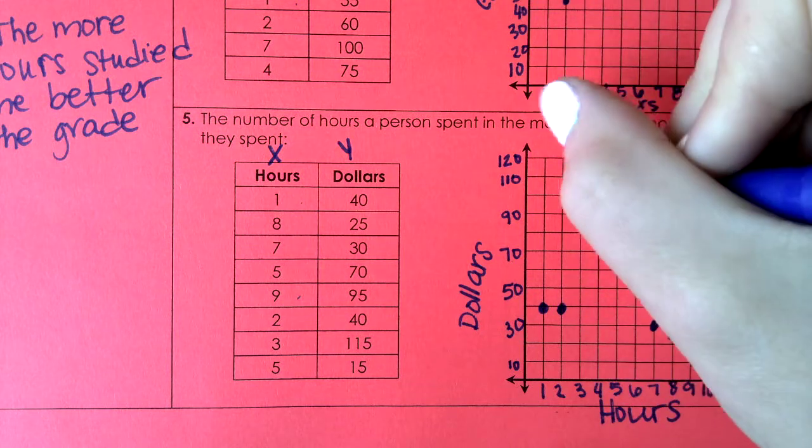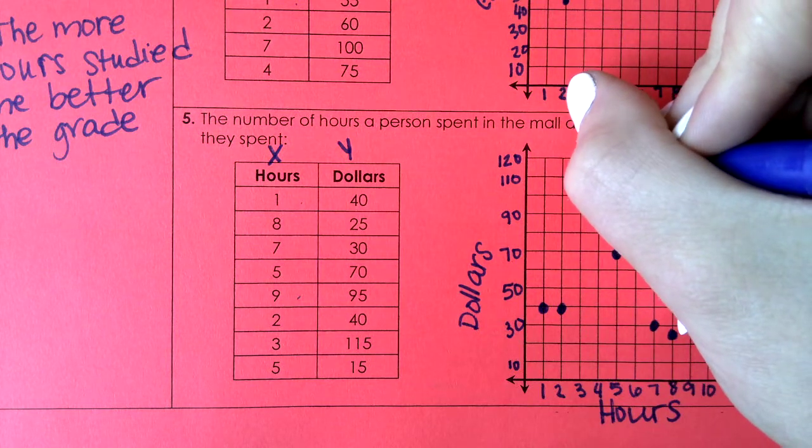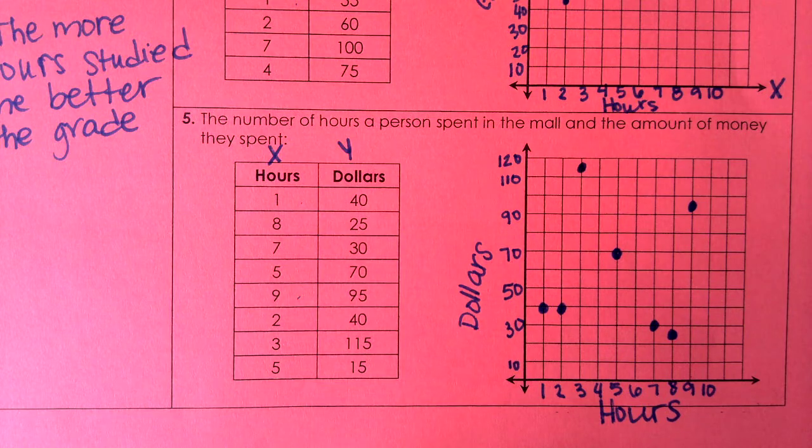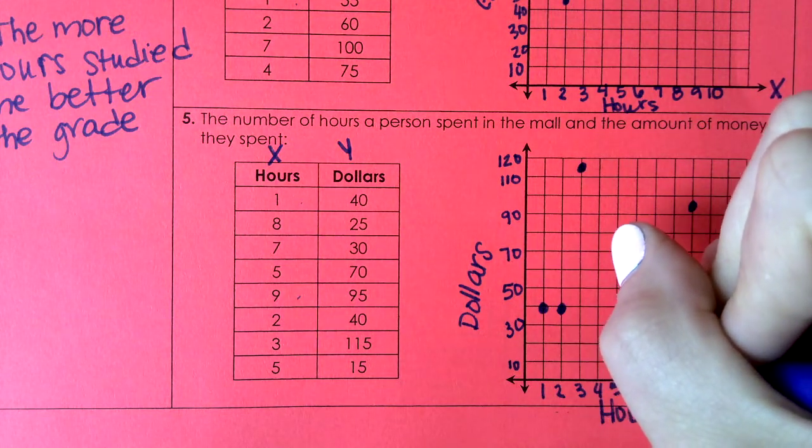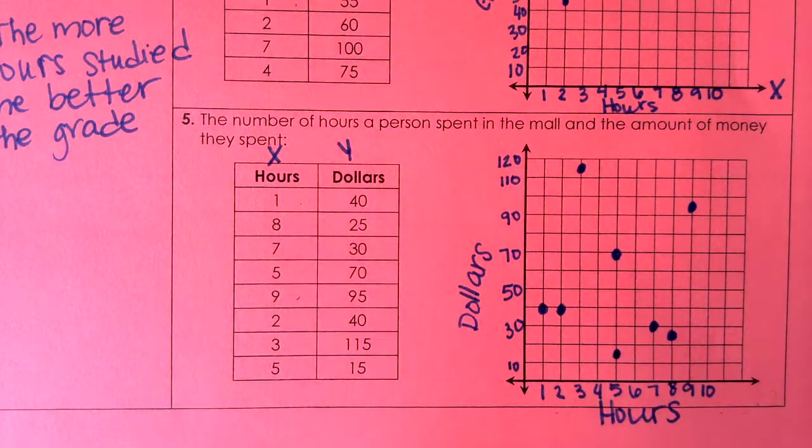For 3 and 115, 115 is going to be in between that 110 and 120. And then 15 is between 10 and 20.